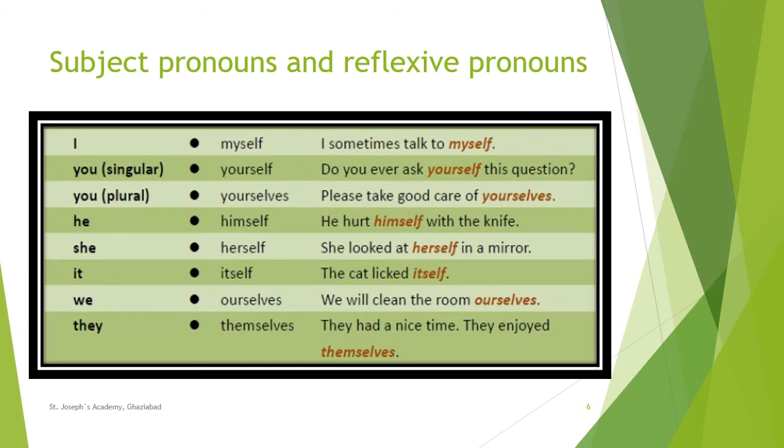If the subject is they, then the reflexive pronoun will be themselves. They had a nice time. They enjoyed themselves. So this is in the table form which shows you what the subjects are and what reflexive pronouns are used for them.